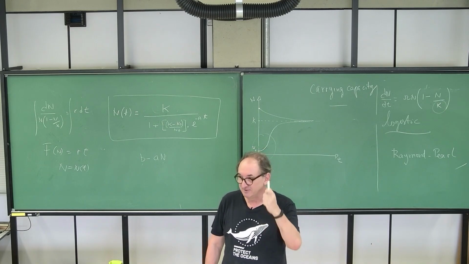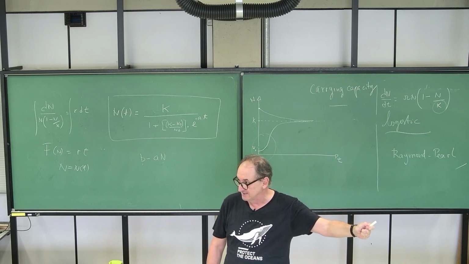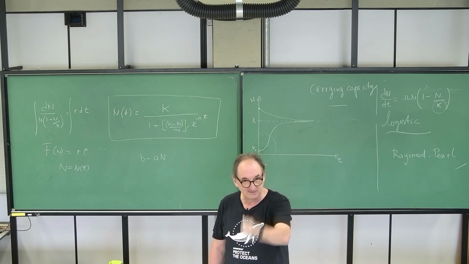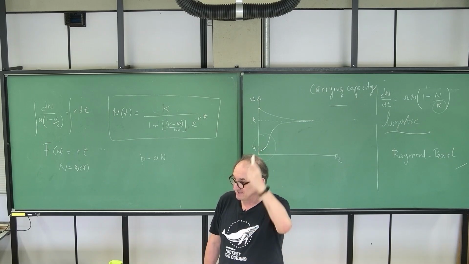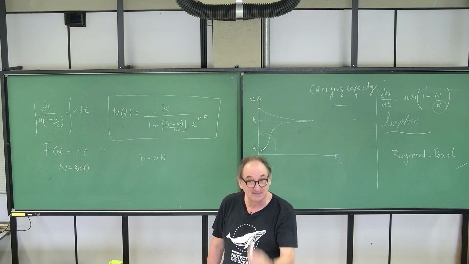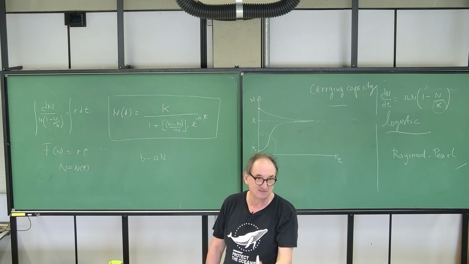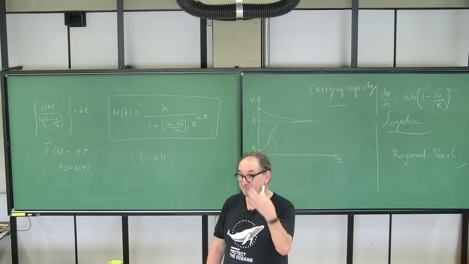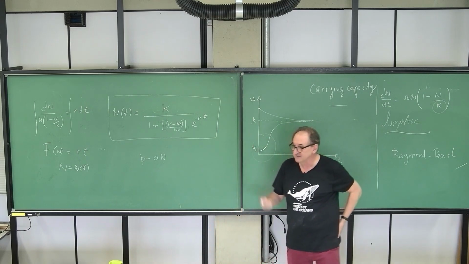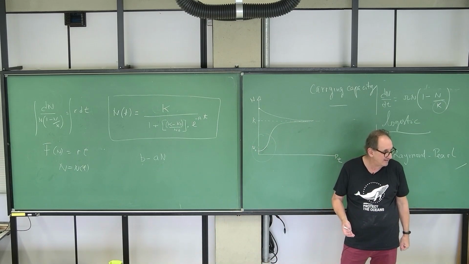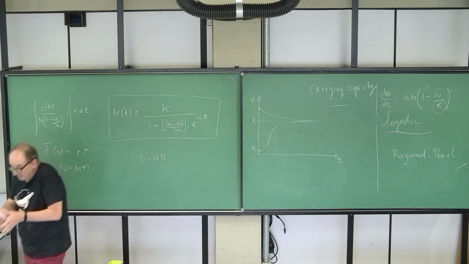Well, it depends on the nutrients. If a lion is living in a place where there's no nutrients, then carrying capacity is small. If there are lots of nutrients, a lot of zebras or whatever, then the carrying capacity is larger. It is not intrinsic to a species. It is a relation between a certain species, the species that you are studying, the focal species, and the environment and the nutrients. Okay? And that's why I'm saying that it is a phenomenological thing. Okay? Because you cannot measure K from individual things.